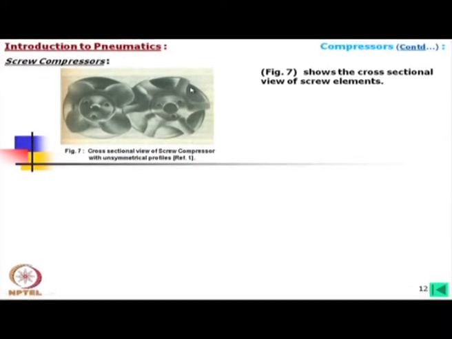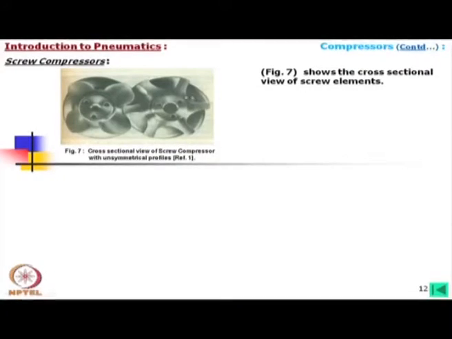That is why these two are rotating at different speeds, and we need a separate gear of the same ratio at the end just to match that. Now, you may ask why it is different.